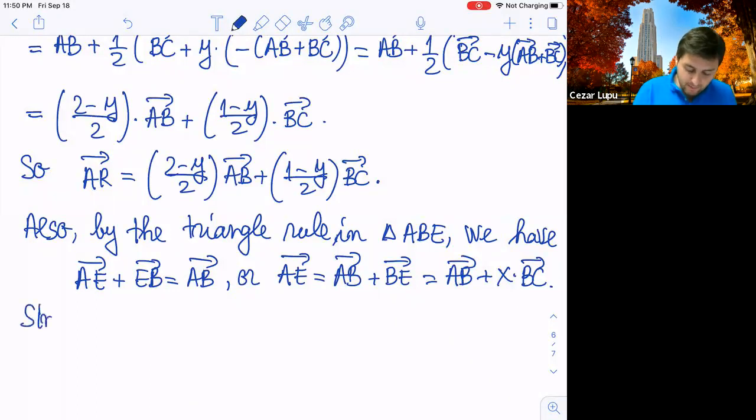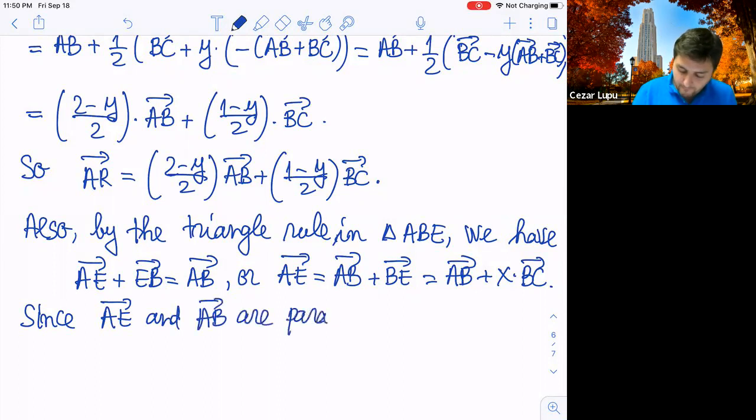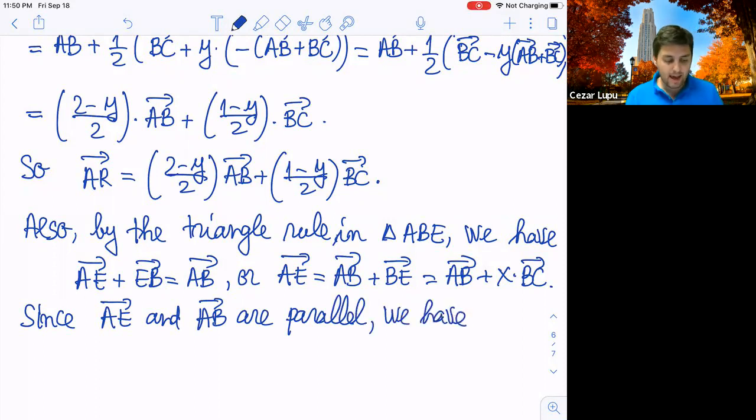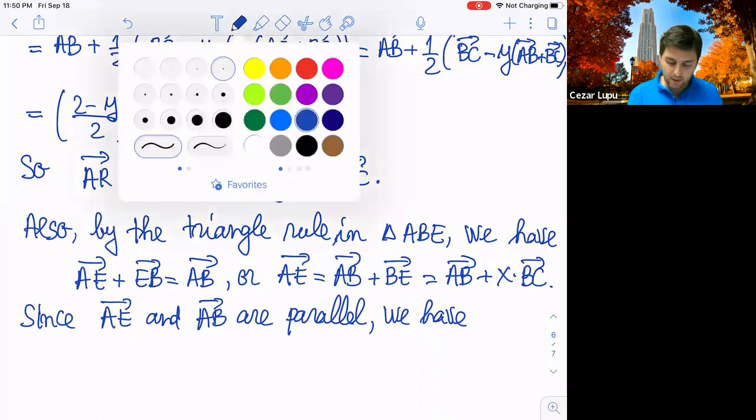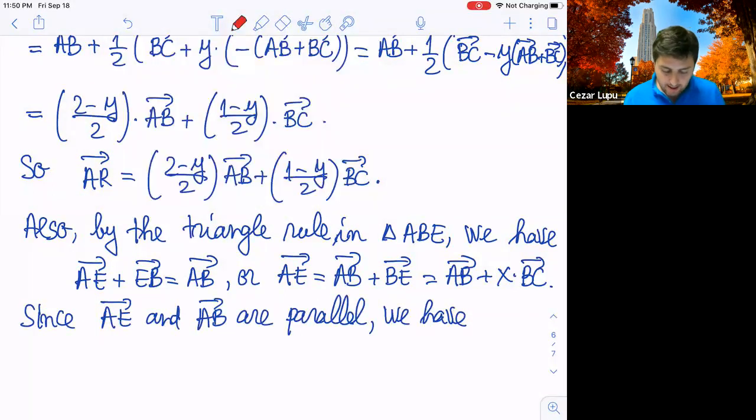Since AE vector and AR are parallel, guess what we will have? Well, this X here will have to coincide. So this X from the BC vector, as you can see here, I expressed AE and AR, not AB.